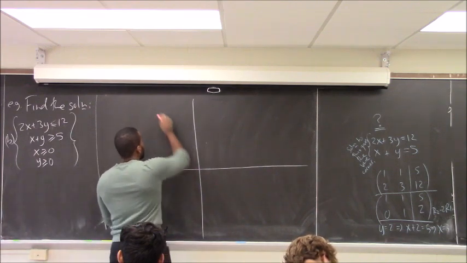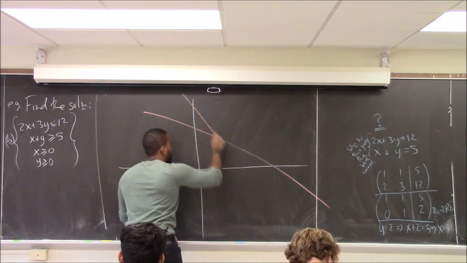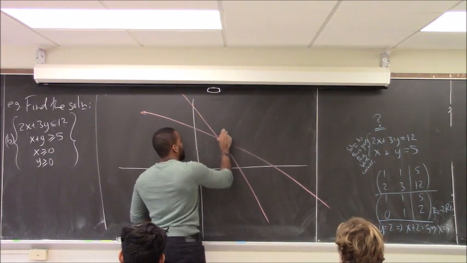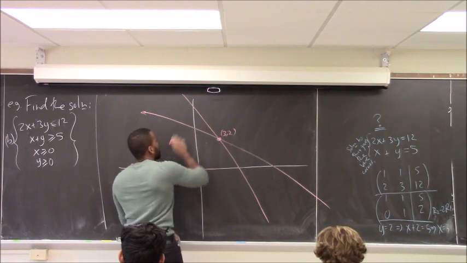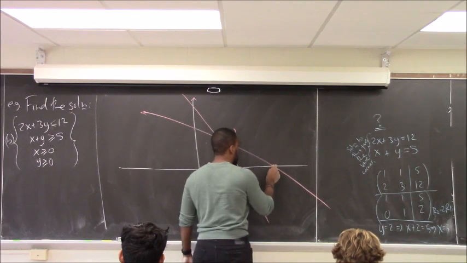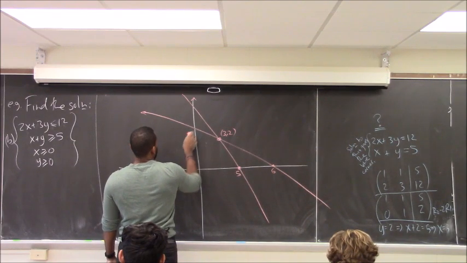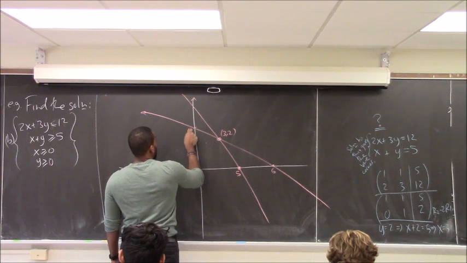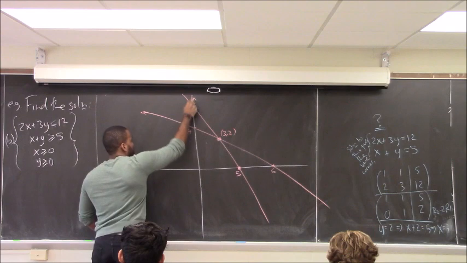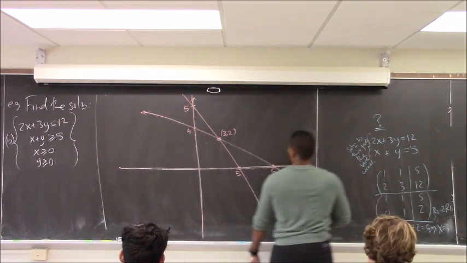I have 2 lines. And this is going to be at 3, 2. This is going to be at 5 and 6. And this is going to be at 4 and 5. And then we're going to have this, and then we're going to have that.